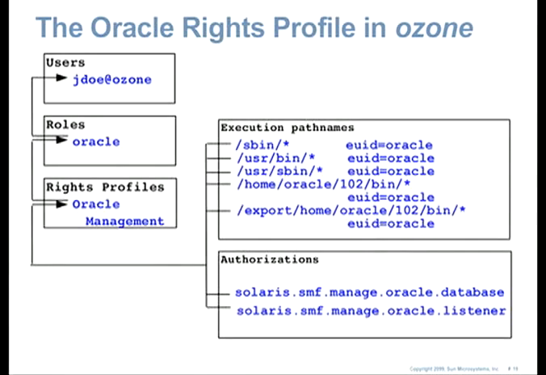And then also the authorizations. These authorizations can either be programmatically checked by source code with the chkauthattr call, but that would require access to the source code and modification of the source code, which you can't really assume in all cases. So the other primary consumer of authorizations is SMF. The Oracle services that we're starting here are actually administered through SMF.